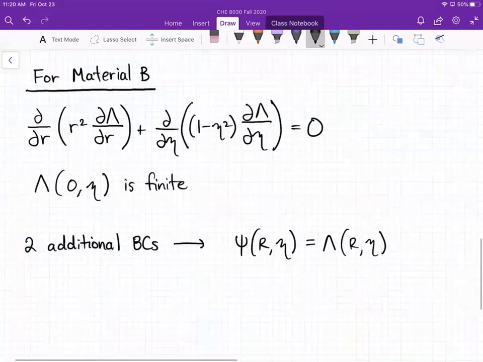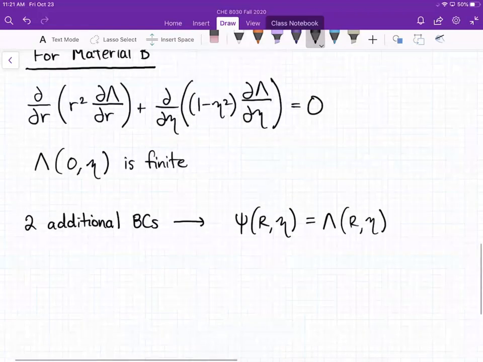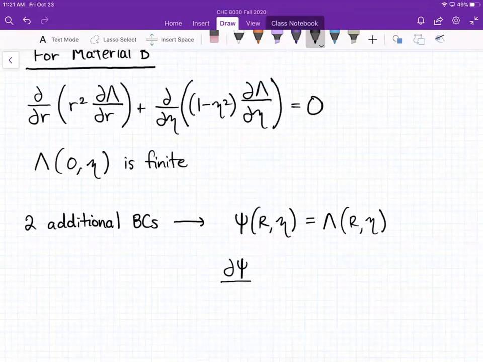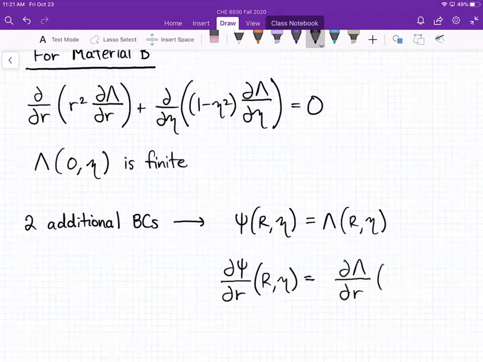The second one tells me that the normal component of my heat flux must be continuous. Therefore, the flux of material A at the surface and for all etas must be equal to the flux in material B at the surface and for all etas.